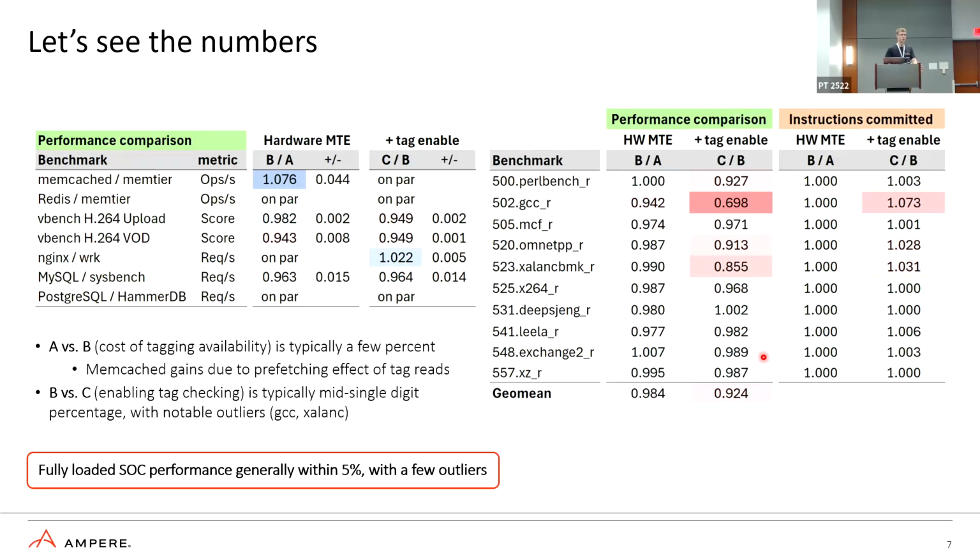I should mention, this is a first-generation hardware design. We learned some things along the way. There is definitely at least one performance bug that was not found in time to be fixed. So I think there's significant room for improvement in the hardware overhead here. But as we'll see, the internal implications of tag checking are not the only thing contributing to performance.